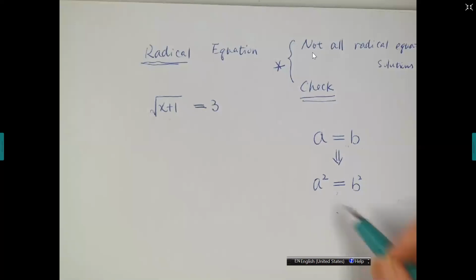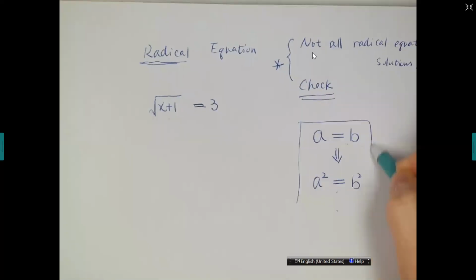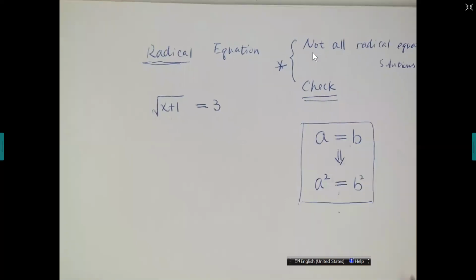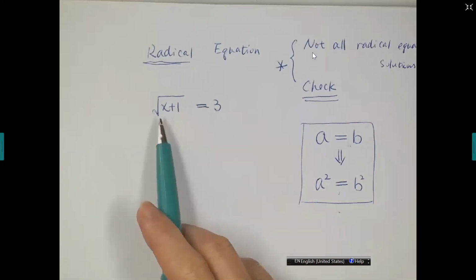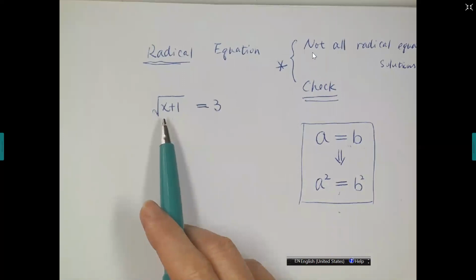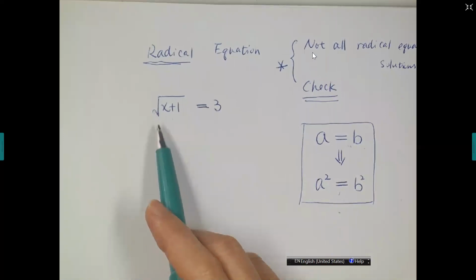Having this in our mind, now let's go back to the radical equation. To solve the radical equation, we want to get rid of the radical sign, because we have learned how to solve the regular linear equation and quadratic equation, but the x is inside of the radical symbol. Can we remove the radical symbol?